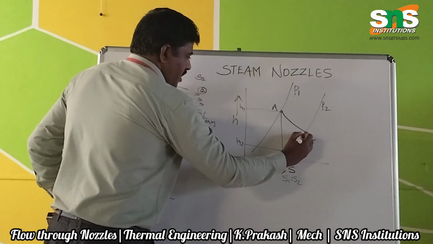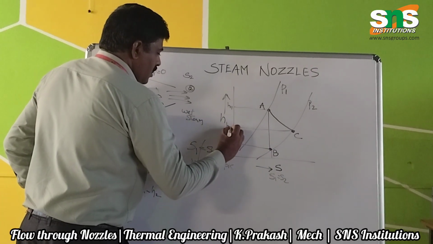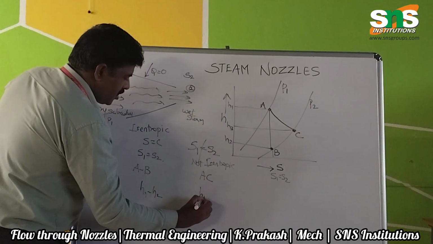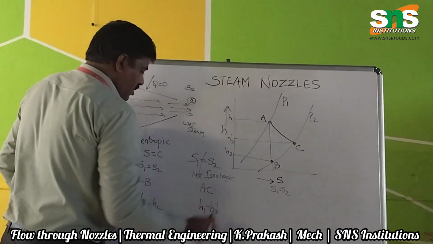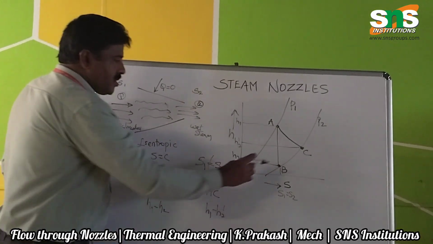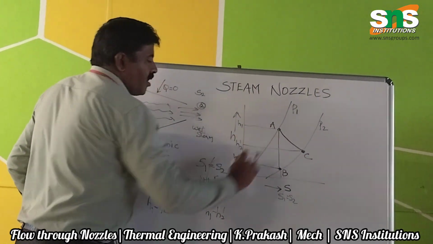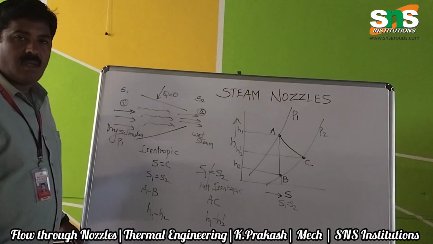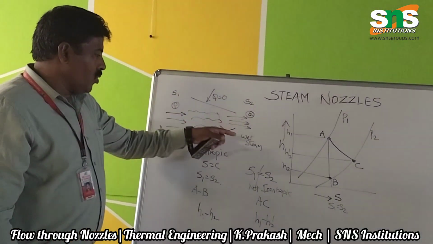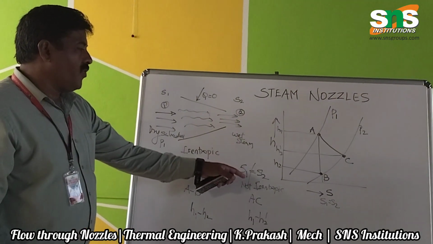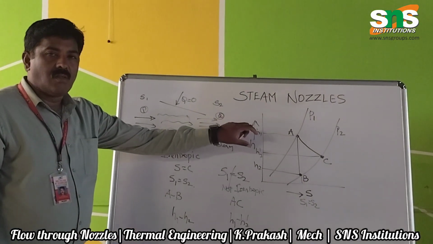Now let us take this as H2 dash. So there is a drop in the enthalpy. When the flow through a steam nozzle is not isentropic, there is a drop in enthalpy.